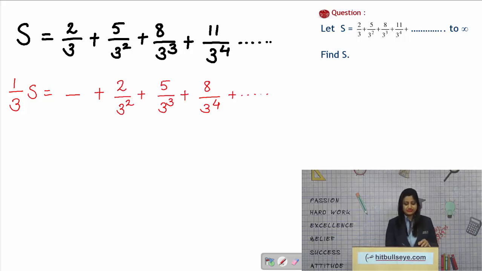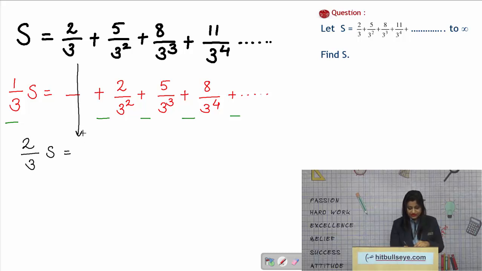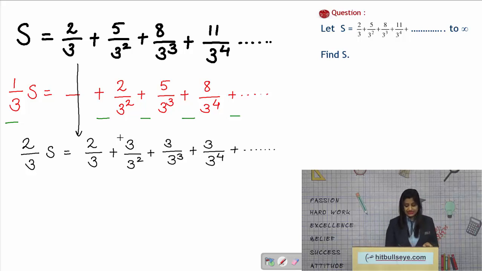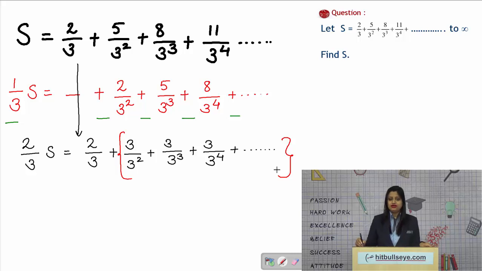Then take the subtraction. It will become 2 by 3 S, first term as it is. Now 5 minus 2, 3, since we have the same denominator. Now you can see that from the second term onwards, we have a pure GP, pure geometric progression. And there are infinitely many terms in that GP.